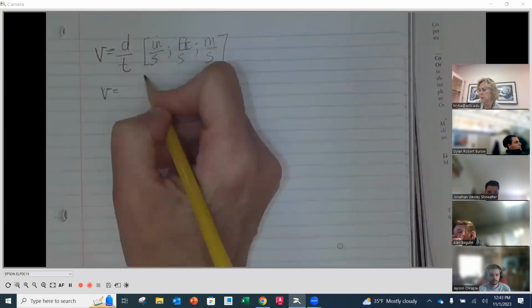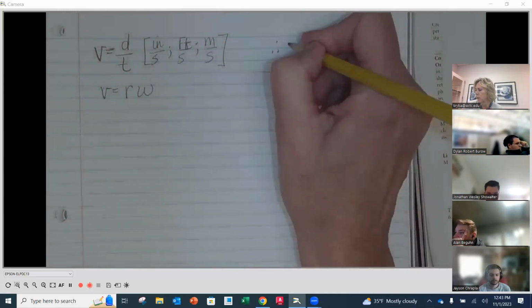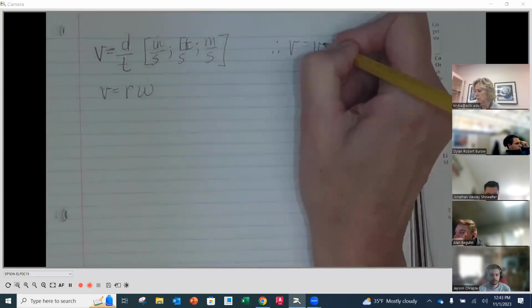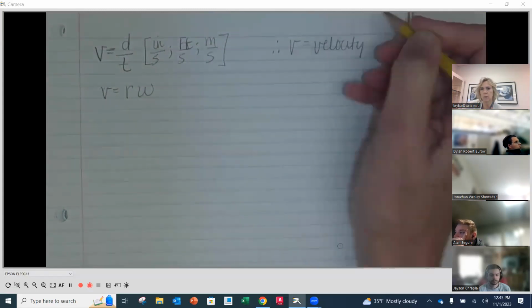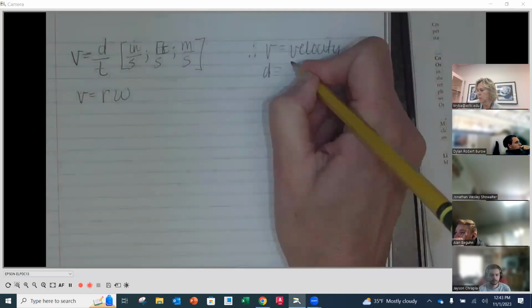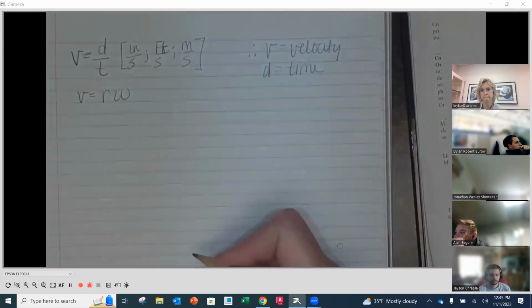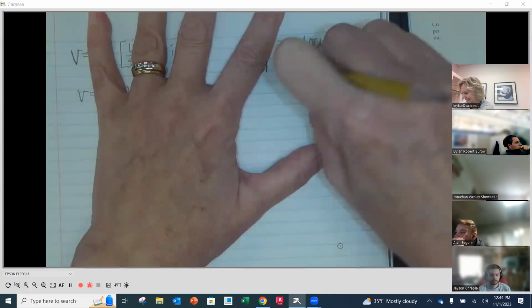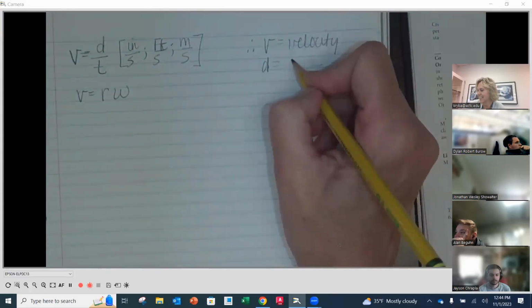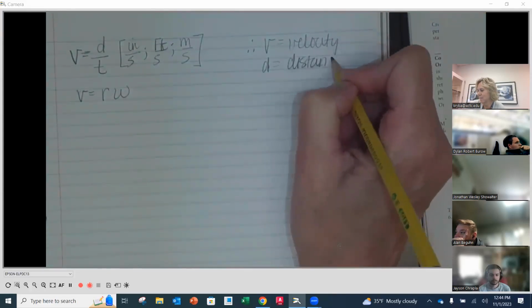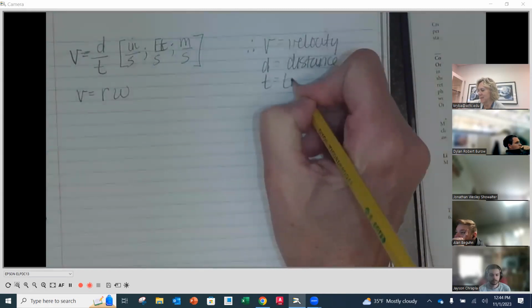And the newest one we have now is V equals R times W. Okay, R times W. Now, let's identify each one of these on the side. We know that V is equal to velocity. D is equal to distance. T is equal to time.